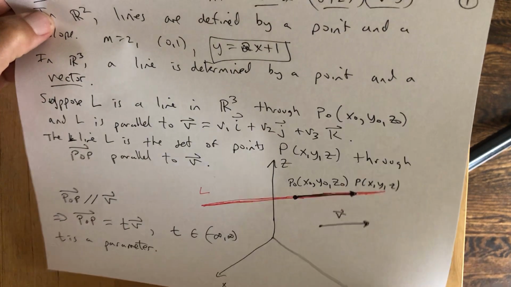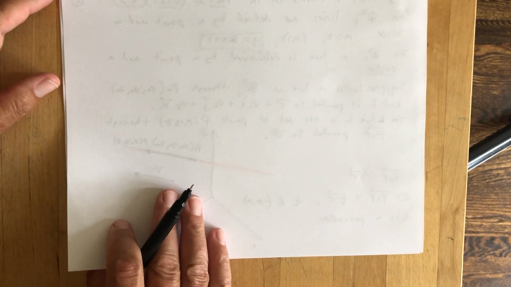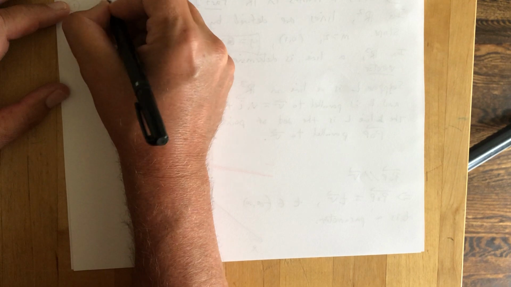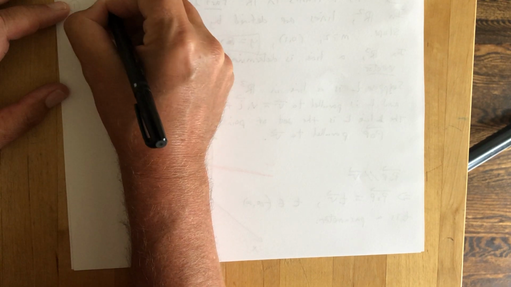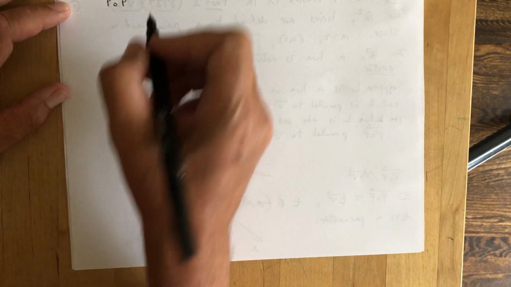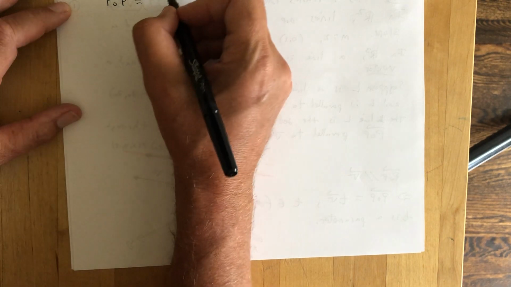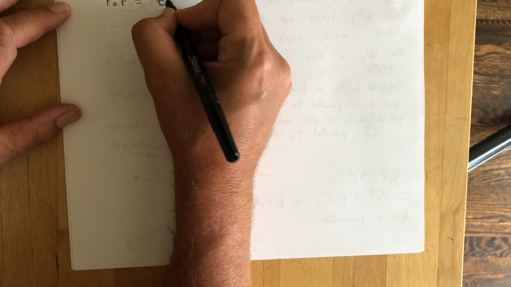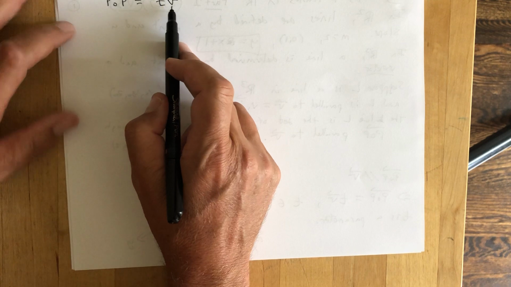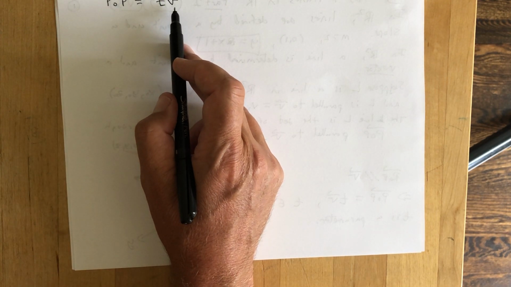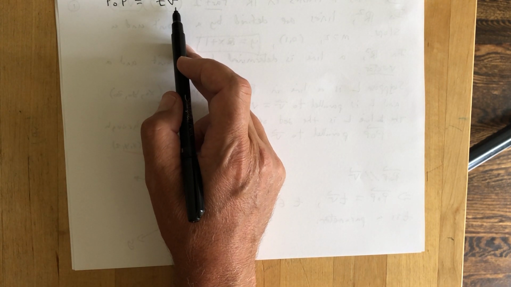Okay, so working with this equation, which came from the picture, we have the vector P naught to P, which is equal to the vector V multiplied by this parameter t. Okay?